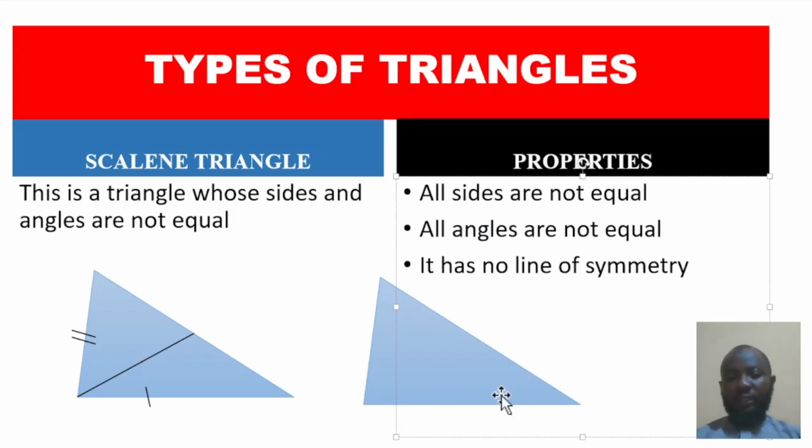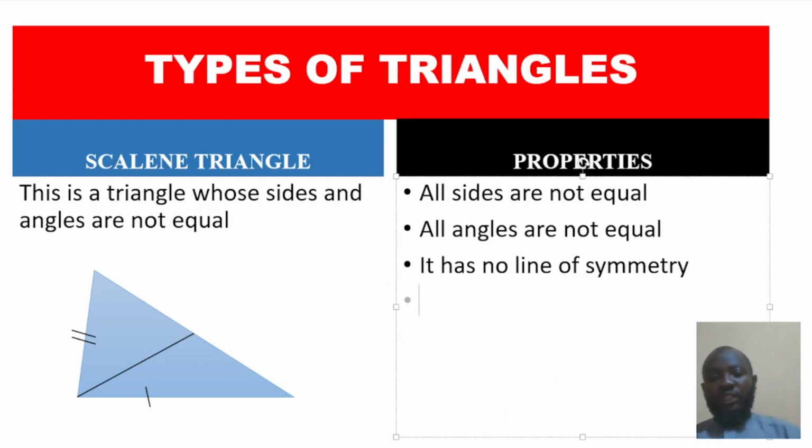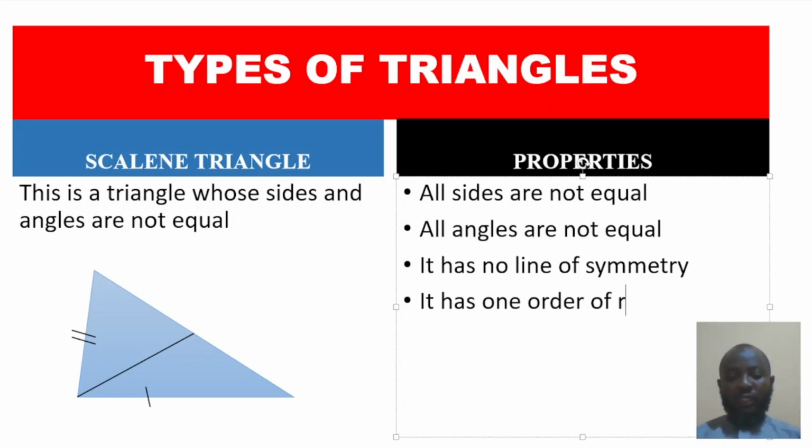So let me delete this. You can see that it has one order of rotational symmetry. This is very important to understand. So these are the properties of a scaling triangle that we have here. I hope that is very clear.